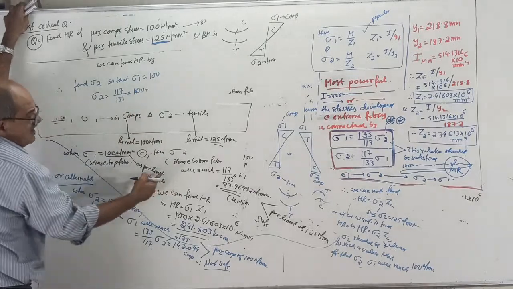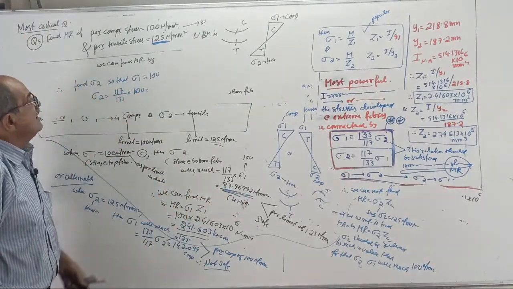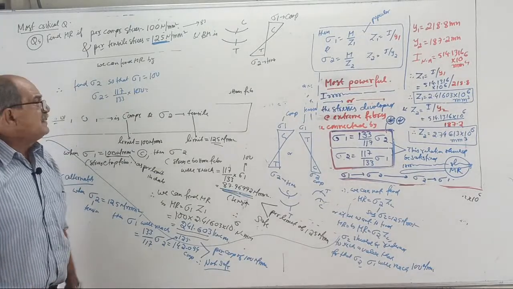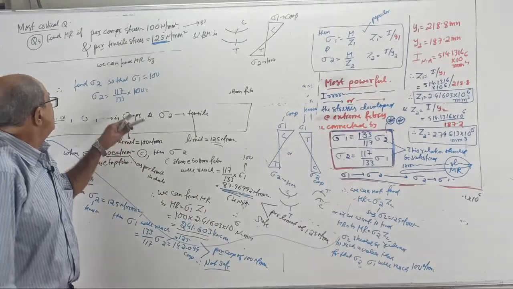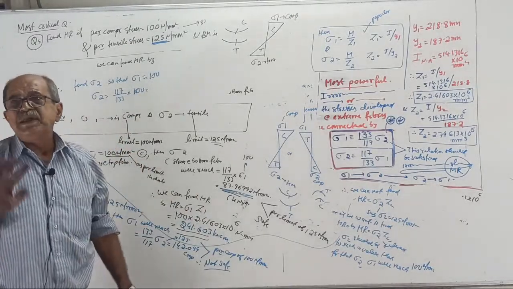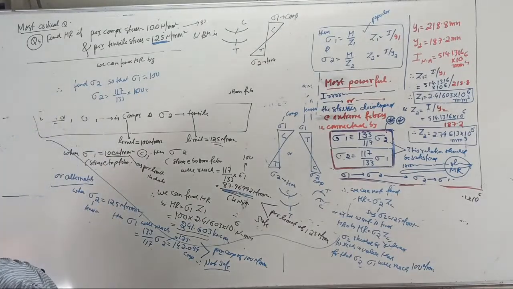You know that answer. How much answer? Even though tension capacity is 125, we cannot use it. We have to reduce it to how much value? Tell the answer.